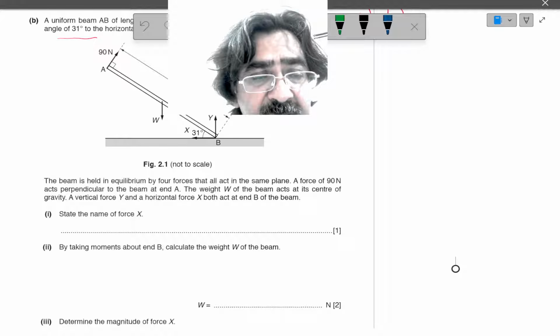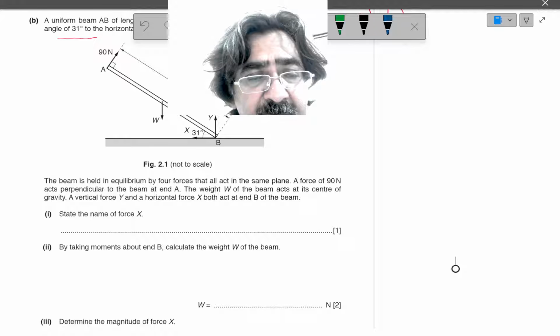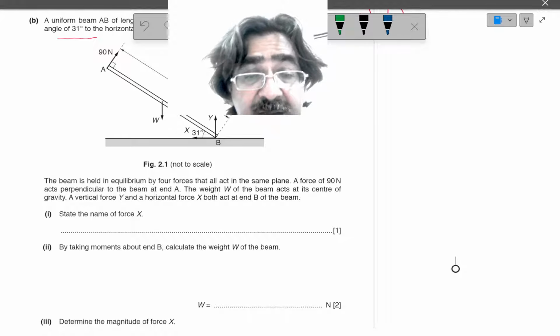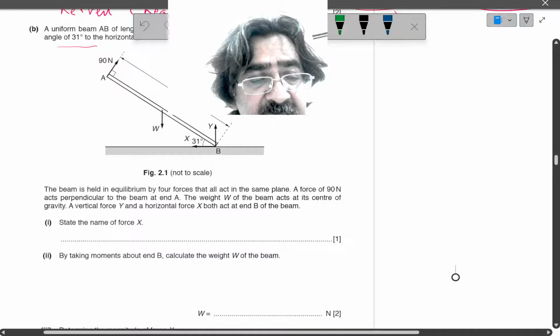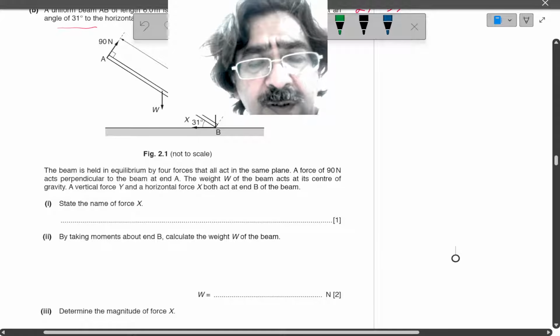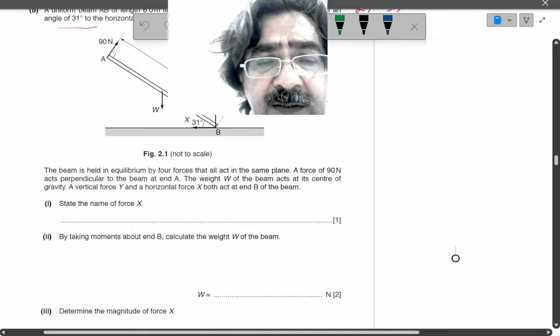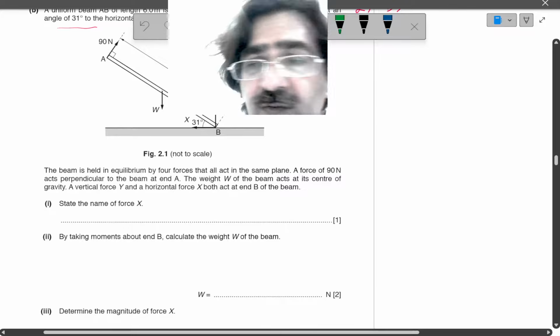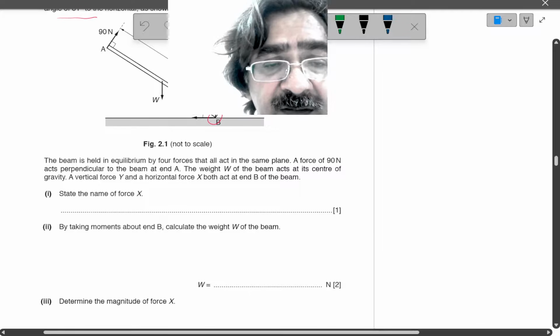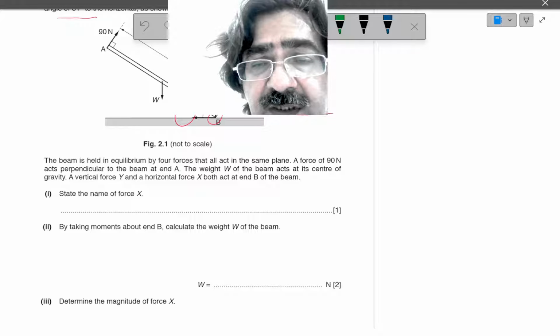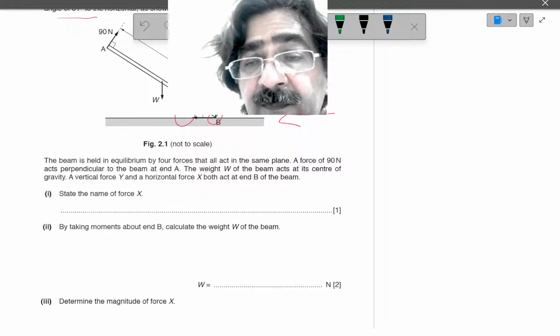The vertical force Y and horizontal force X both act at end B of the beam. State the name of force X.